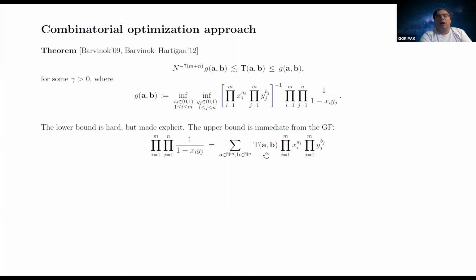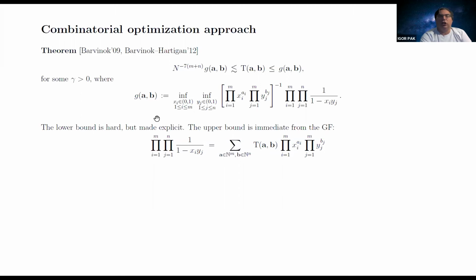It's a large sum, and what you can do is try different values of the xi's and yj's to optimize the ratio, because each coefficient is at most the ratio of the whole function and that product. You see what I mean? You have enough freedom, and apparently it works fairly well. It doesn't work extremely well, but fairly well.